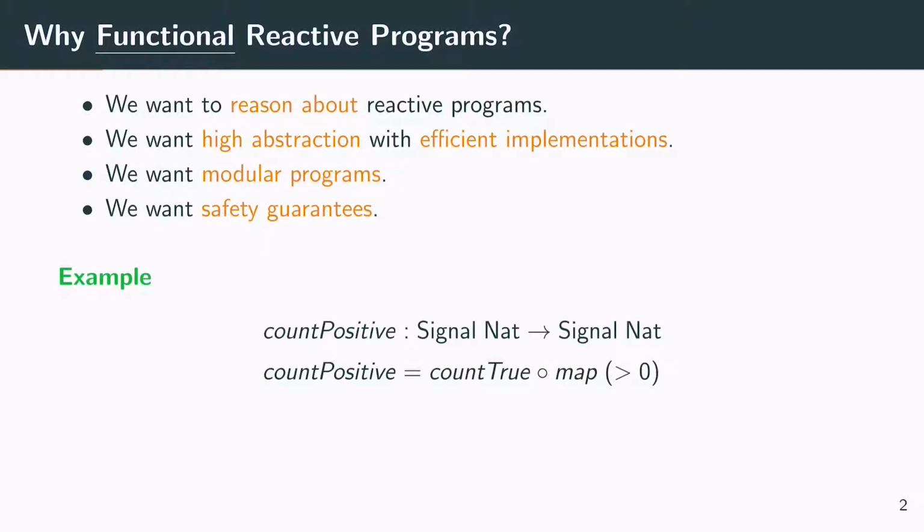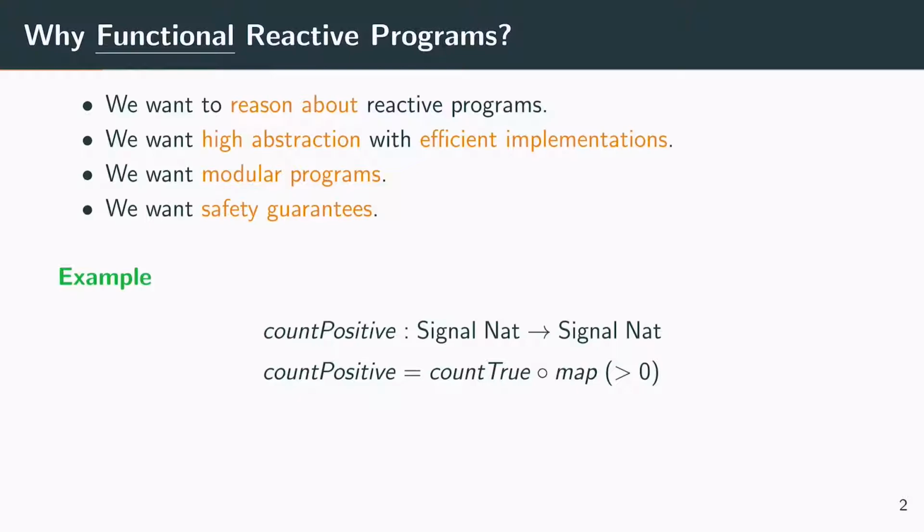As an example, let's say we want to write a very simple reactive program that receives some signal of natural numbers and then wants to count how many times we see a positive number. So it produces a signal of natural numbers that is the number of times we've seen a positive number.